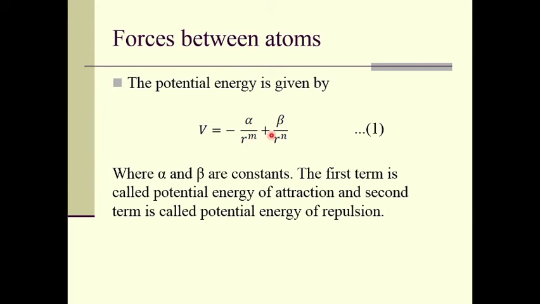It is the attraction term, plus beta upon r raised to n is the second term. It is called the potential energy of repulsion because it is positive, right? So please remember the potential energy of attraction is negative and the potential energy of repulsion is positive.